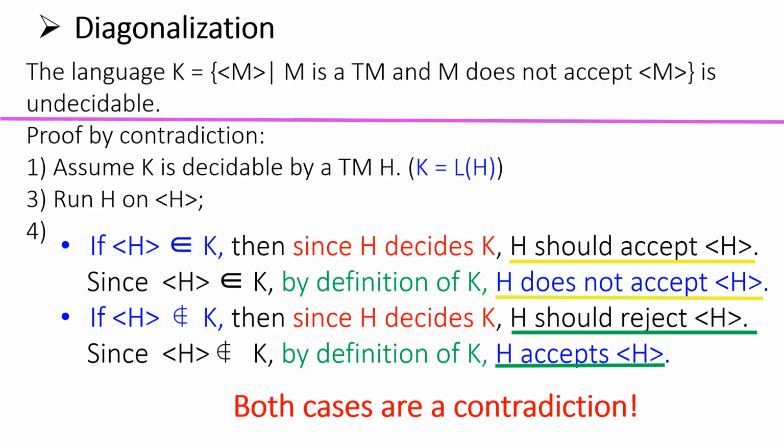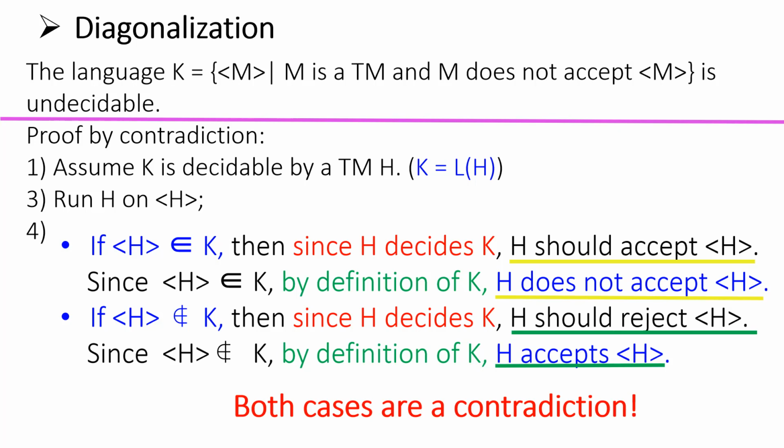Earlier we said that H should accept <H> using the knowledge that H is a decider of K. Now we say H does not accept <H> using the knowledge of the definition of K. If both these 2 pieces of knowledge are true, then we reached a contradiction.